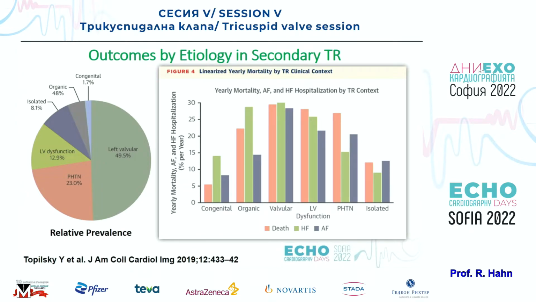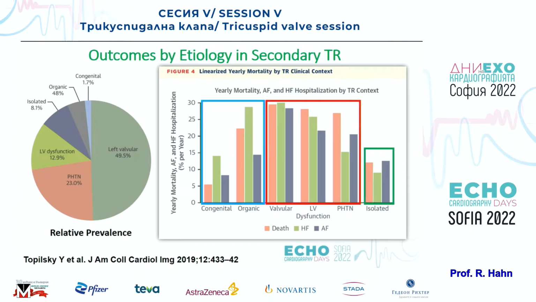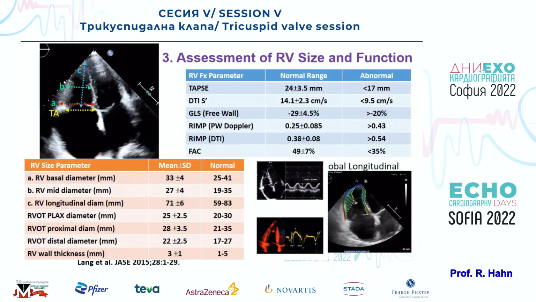The outcomes clearly are different for each of these categories, and that's why it's important also to define the etiology and classification. The atrial functional tends to have a better prognosis than organic or primary, and the ventricular functional disease tends to have the worst prognosis of all the categories.